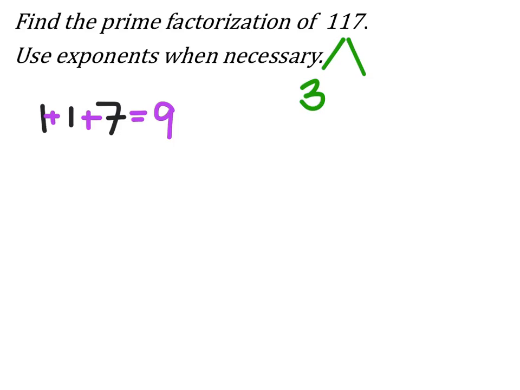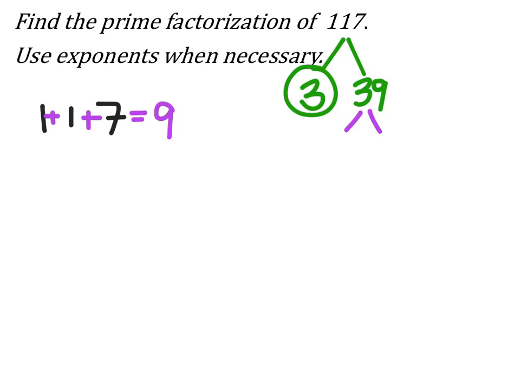Now, I don't know what I'd multiply 3 by to get 117, so I'm going to go to the calculator. 117 divided by 3, and again, I should get a whole number out of that. Bam, 39. So there's my 3, which is prime, so I circle it. Now I'm going to see if I can find prime factors for 39.